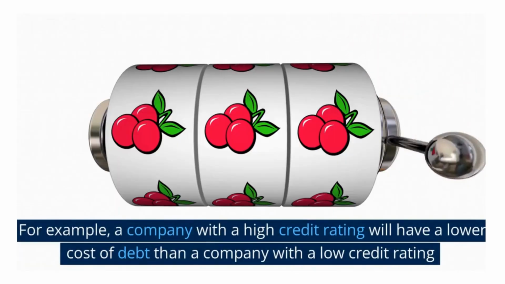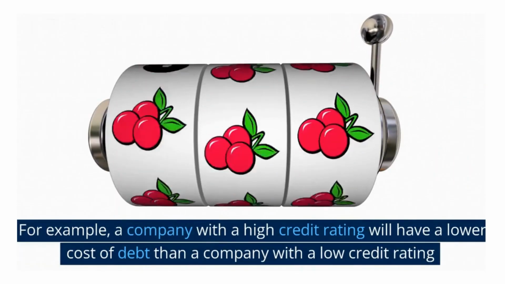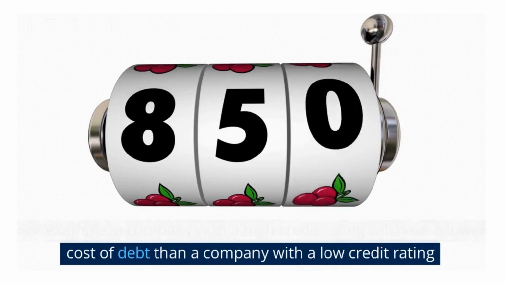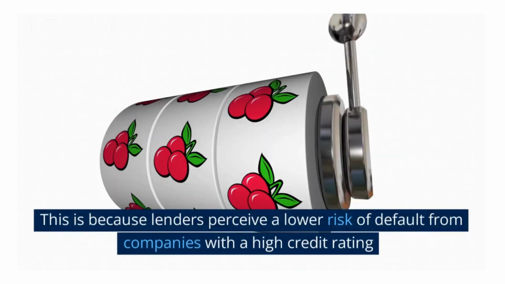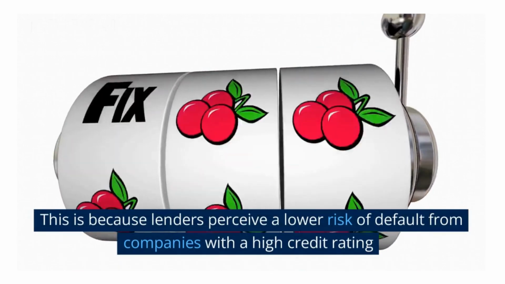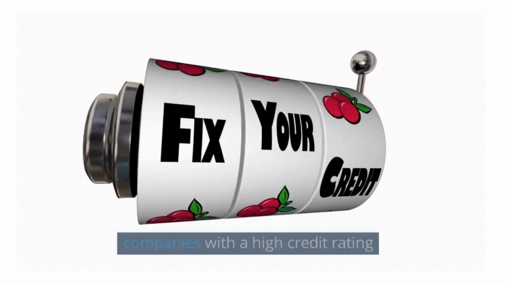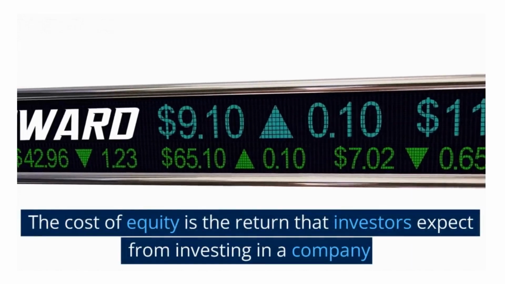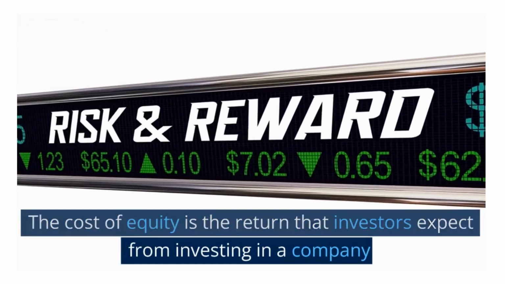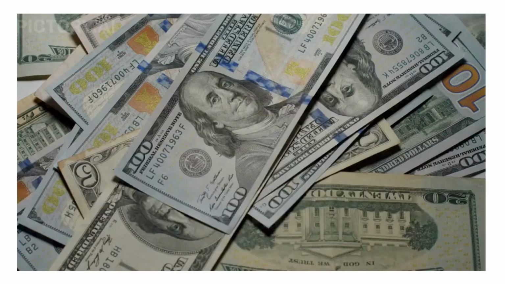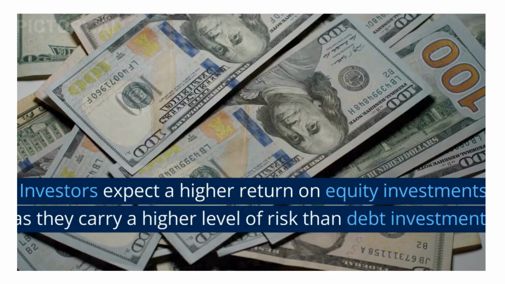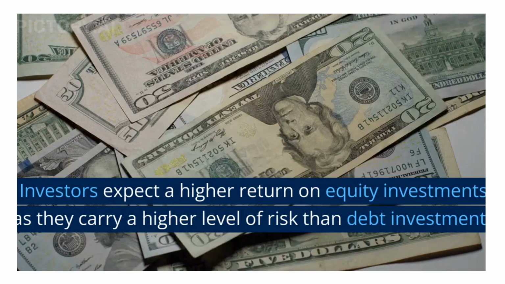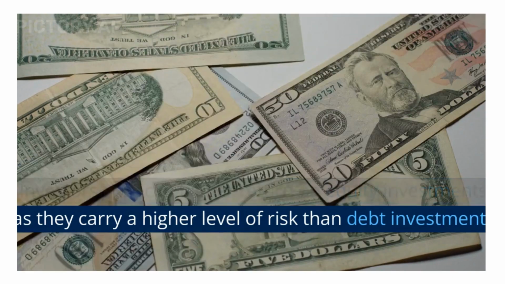For example, a company with a high credit rating will have a lower cost of debt than a company with a low credit rating. This is because lenders perceive a lower risk of default from companies with a high credit rating. The cost of equity is the return that investors expect from investing in a company. Investors expect a higher return on equity investments as they carry a higher level of risk than debt investments.